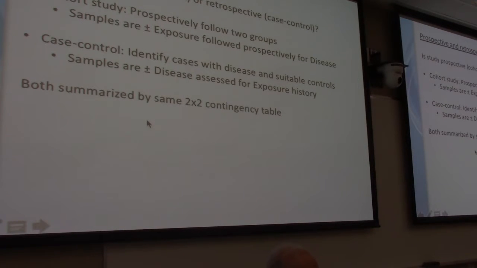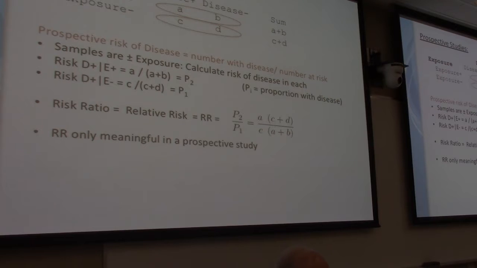And where it gets confusing is that both of these types of studies are summarized by a 2x2 contingency table. In a prospective study, we're interested in the risk, which is just the number of kids who get a disease, or let's say the number of smokers who get a disease, divided by the number at risk. So our samples are exposure, smokers versus non-smokers, and our proportions, or our risks, are the number who get lung cancer divided by the total number of smokers.